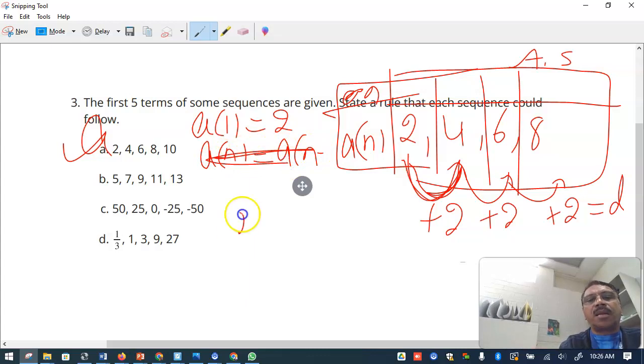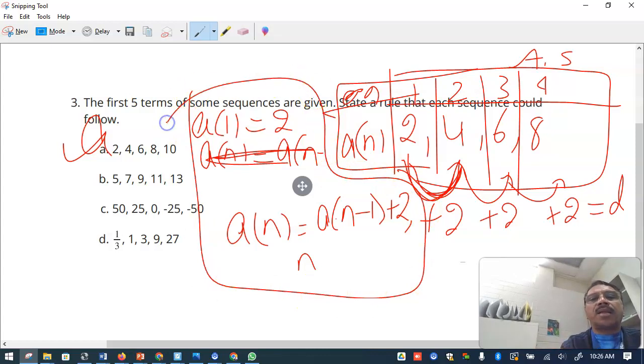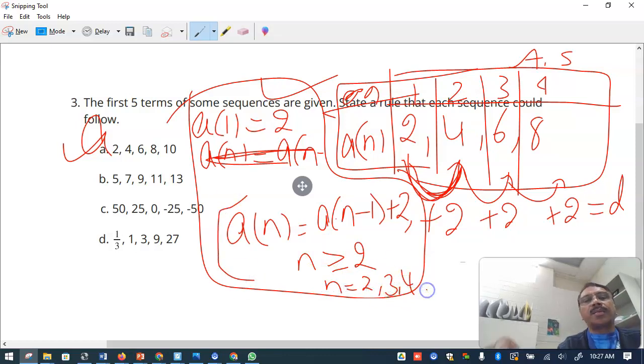So a of n is the previous one, a of n minus 1, plus 2. This whole thing together is called the recursive definition, and this is for n greater than or equal to 2, because this part is for n is 2, 3, 4, and so on. So that's the first one.